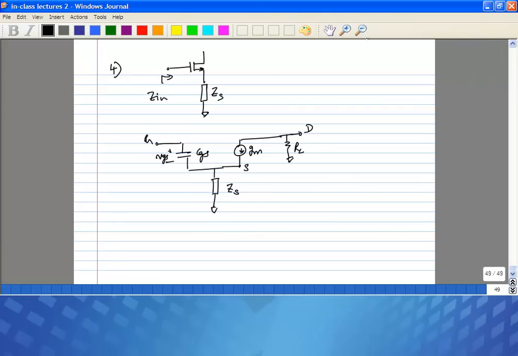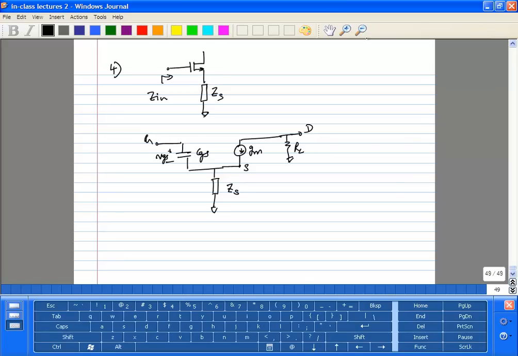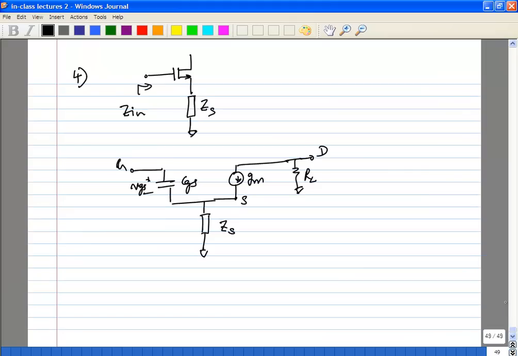So since we want to find the input impedance, we'll apply a voltage Vg, find out what current flows through. The ratio of those is the input impedance. So first of all, what is the source voltage?